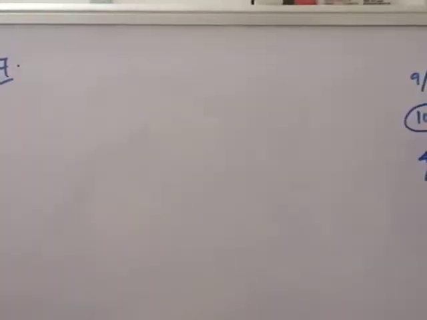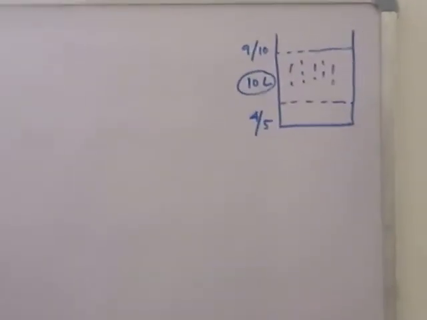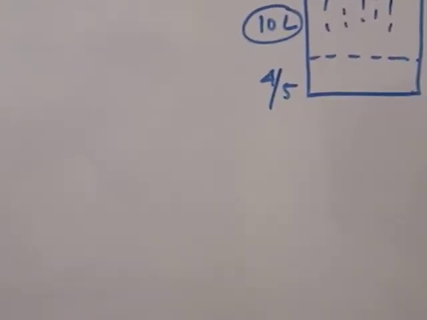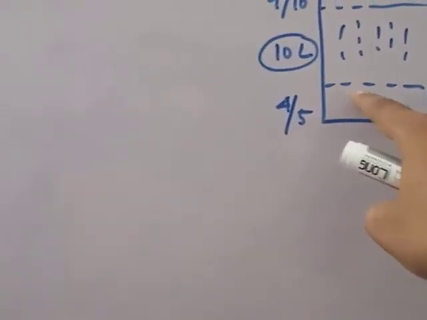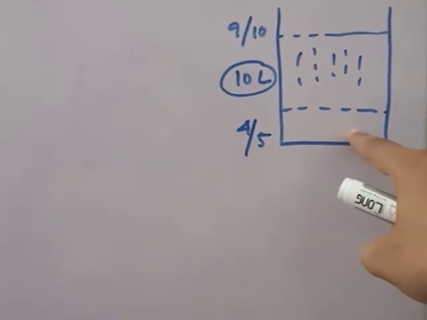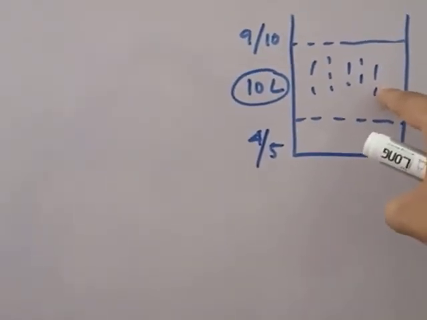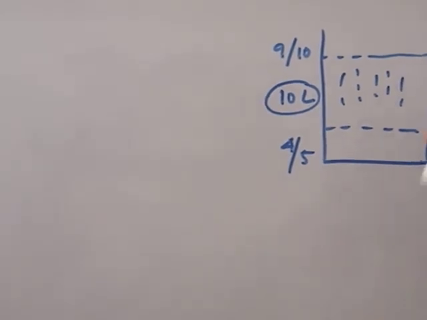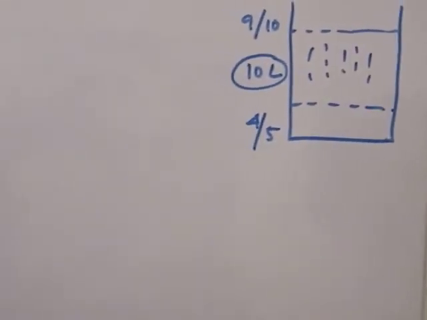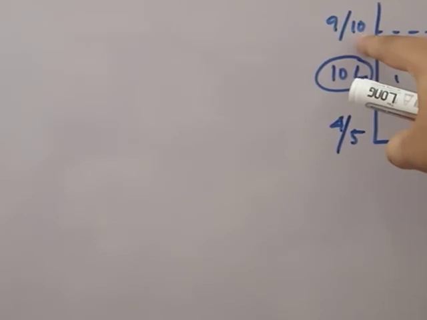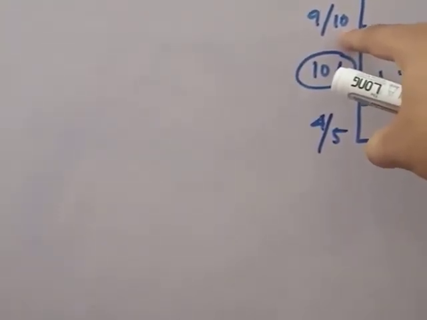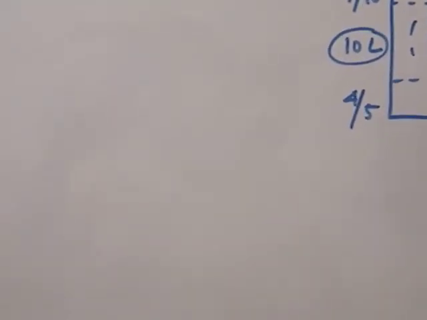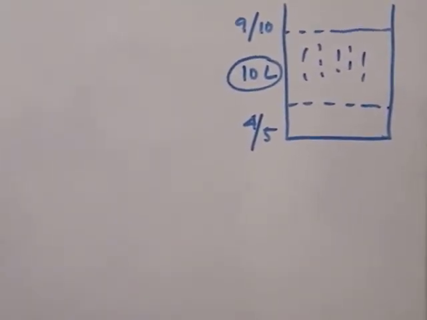So in number 17, see that a container of milk is 4 by 5 full. So up to this it is full. If you add 10 liters of milk, then 9 by 10 of the container is full. That means 9 by 10 is full when you add 10 liters of milk to the container.